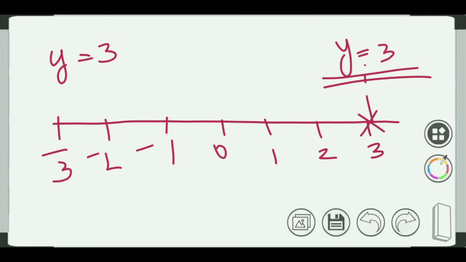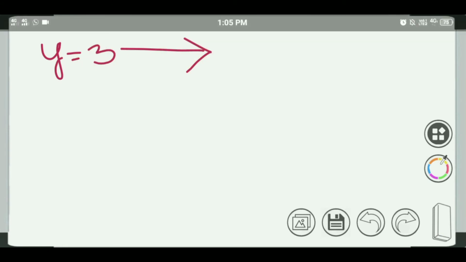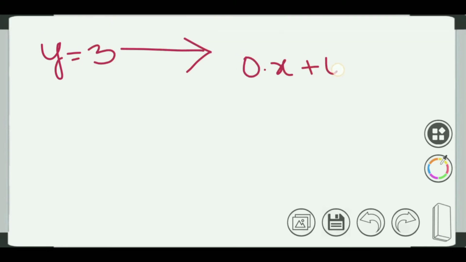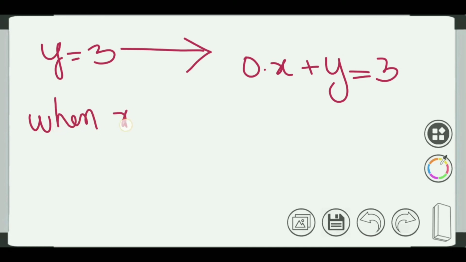Now you need to represent it in two variables. Two variables means you need to get the x value also. So y is equal to 3 you can change as 0x plus y is equal to 3. Since x is not there, you can add x as 0x. Now, when x is equal to 0, what is the value of y? 0 into 0 is anyway 0, so y is equal to 3.